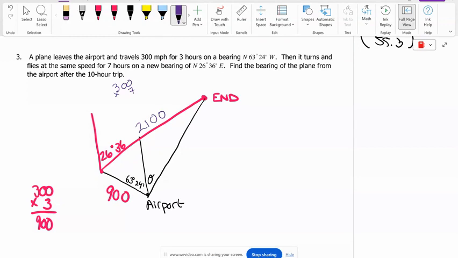All right, now we find our right angle. What can we use to try to find our right angle? The north lines.